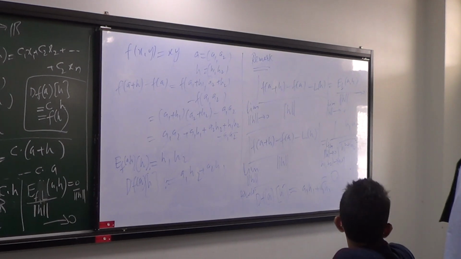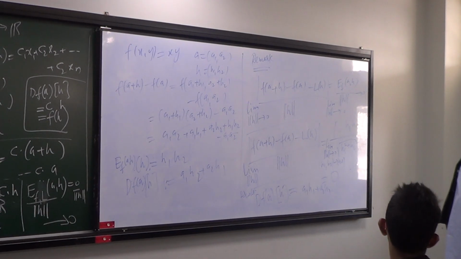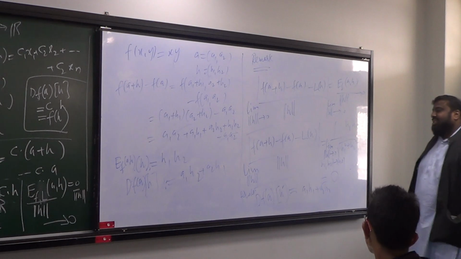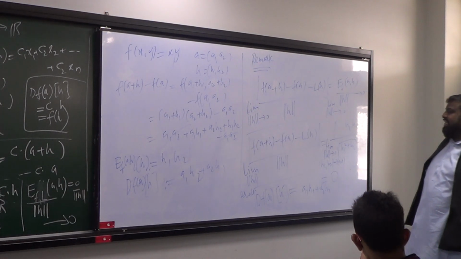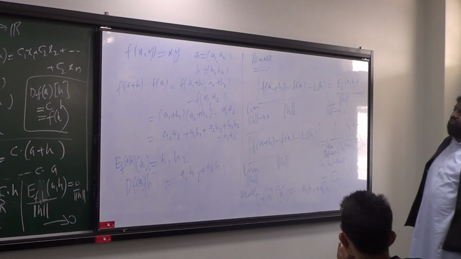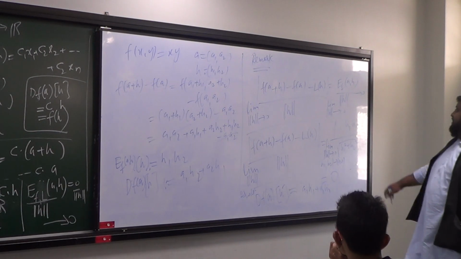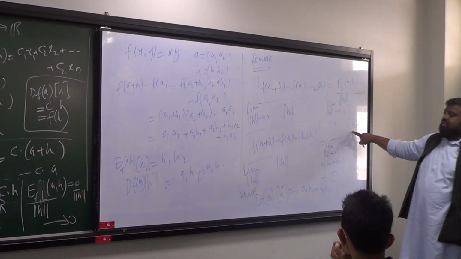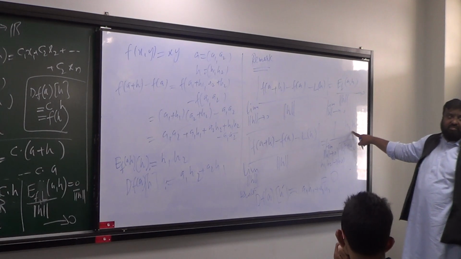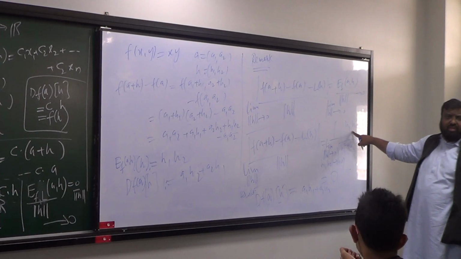In other words, you have to be careful. Would the limit exist if I take a1 h2 and a2 h1 here? I think you would have already felt the sense that maybe you are getting something.